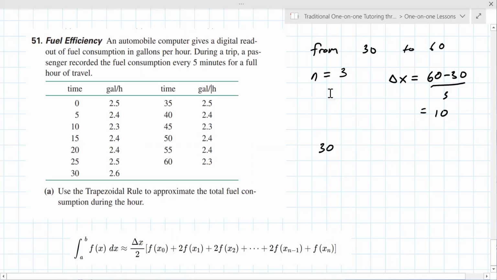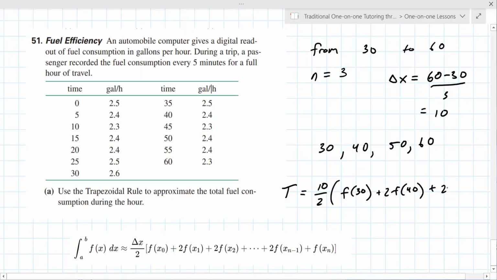And you're starting at 30, so it'd be 30. Wait, why is this not working? Oh, because it starts at 0. I see. So 30, 40, 50, and 60. So your trapezoidal sum is delta x, which is 10 over 2, and then you're going to do f of 30 plus 2 times f of 40 plus 2 times f of 50 plus f of 60.